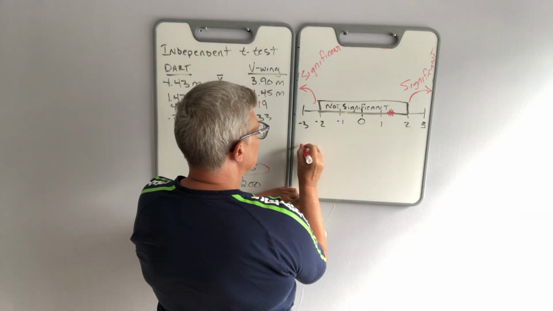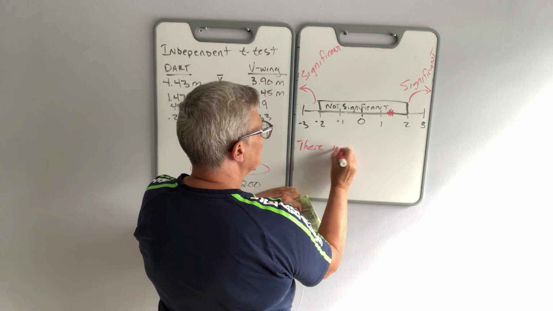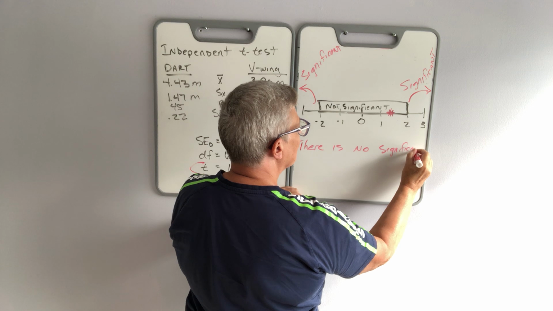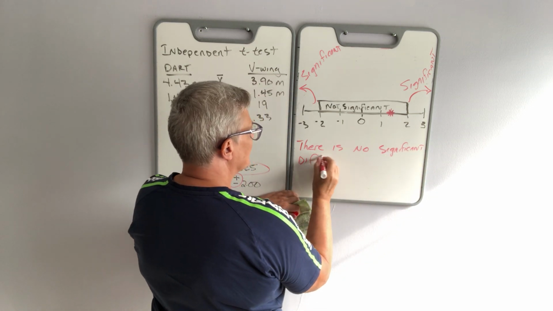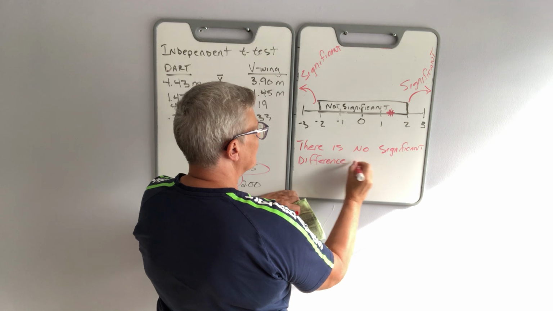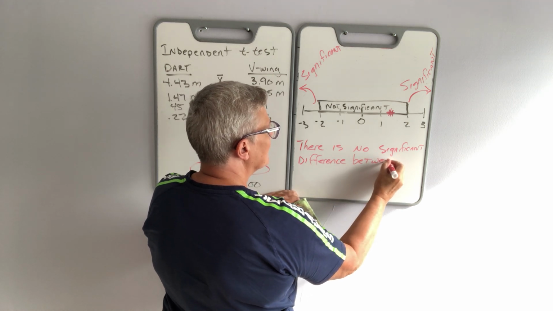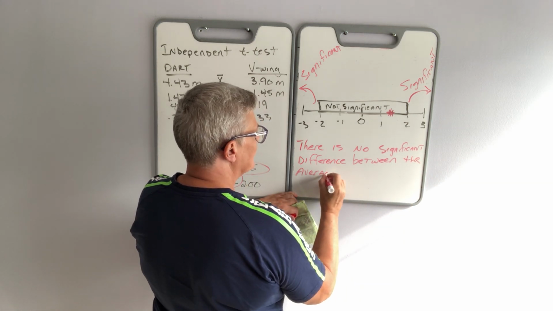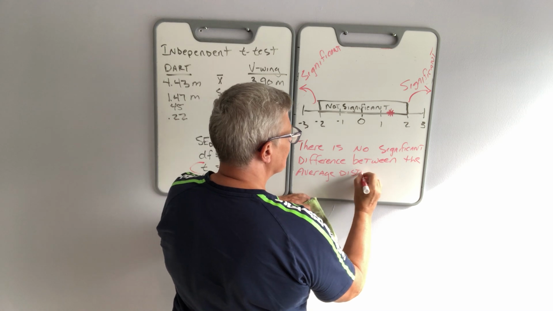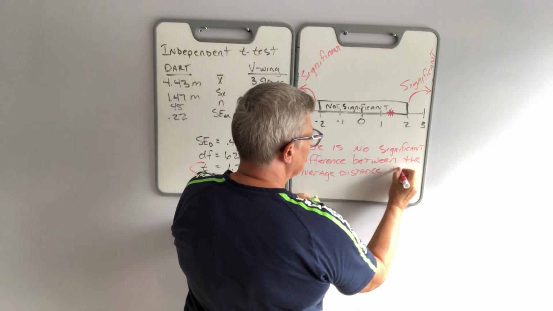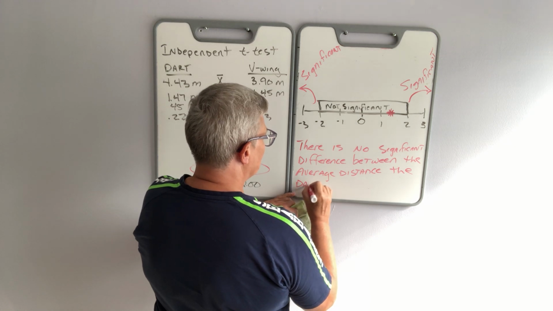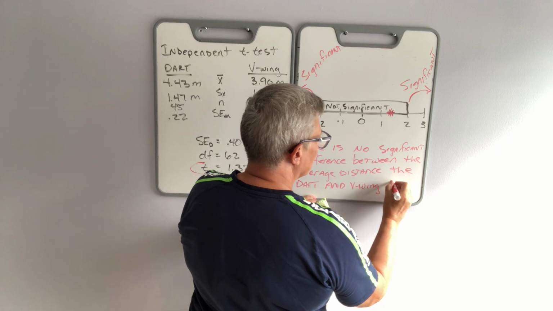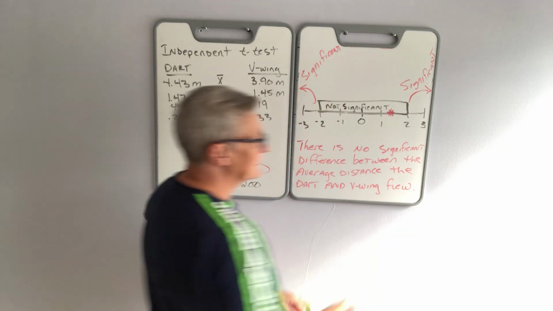So the statement is, there is no significant difference between the average distance the dart airplane and the V-wing flew.